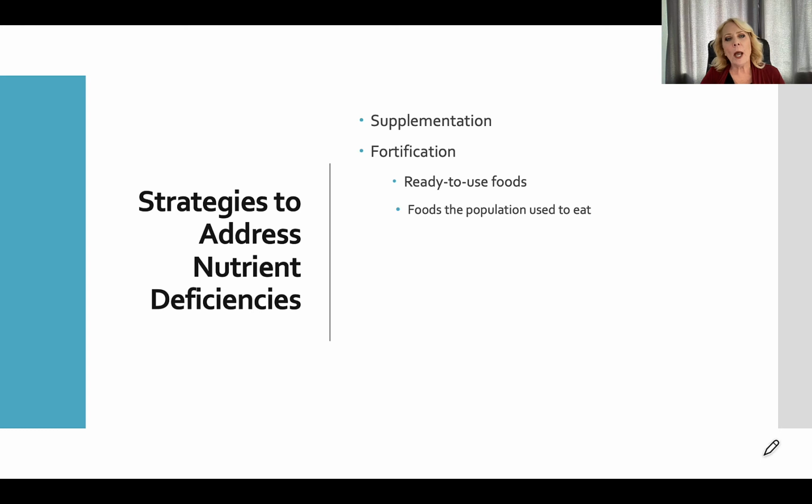So, some strategies across the world where they're trying to address these nutrient deficiencies is, of course, supplementing food, or fortifying foods. So, we're trying to add various vitamins, various nutrients to the food.